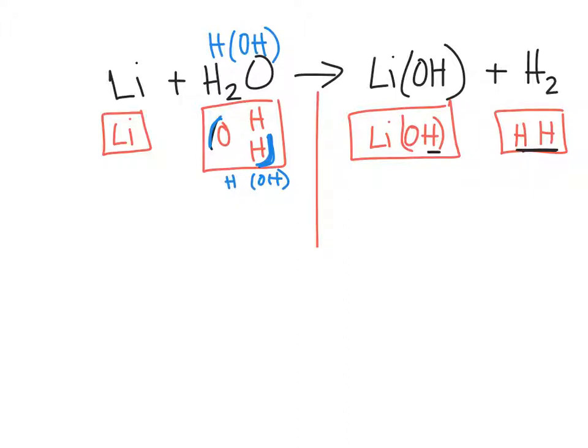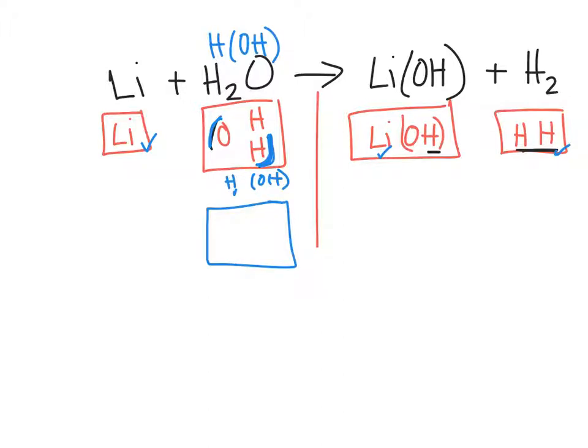All right, so now we're going to start making our pictures match. I have one lithium on this side, one lithium on that side. Cool. Here I have one hydrogen, and there I have two hydrogens. So what can I do to this side in order to make it have two hydrogens? Add another water.